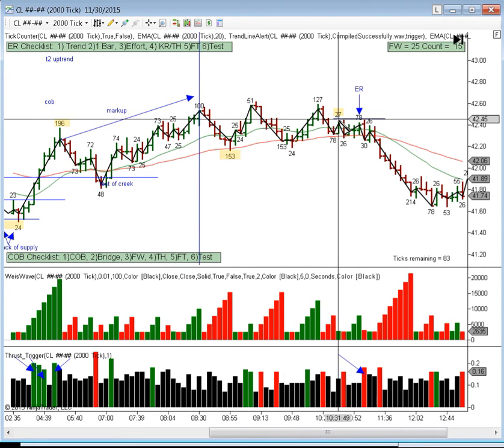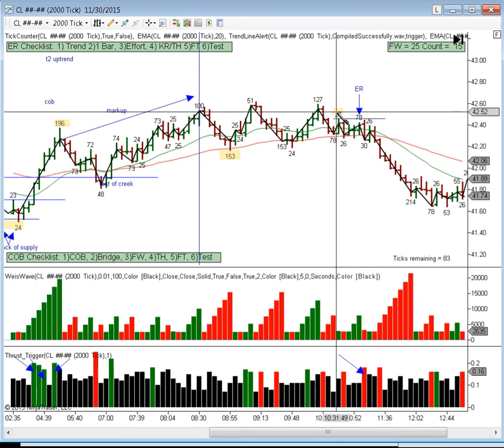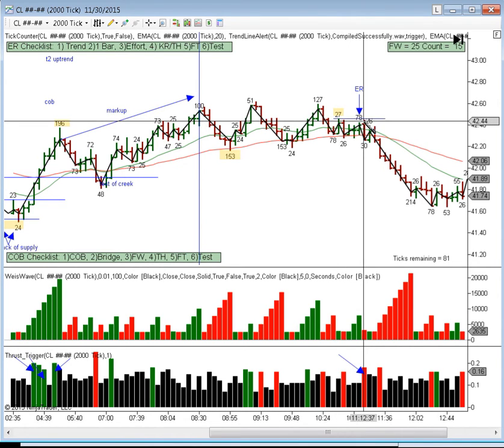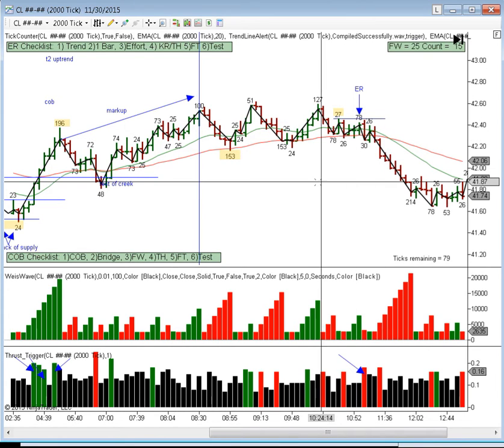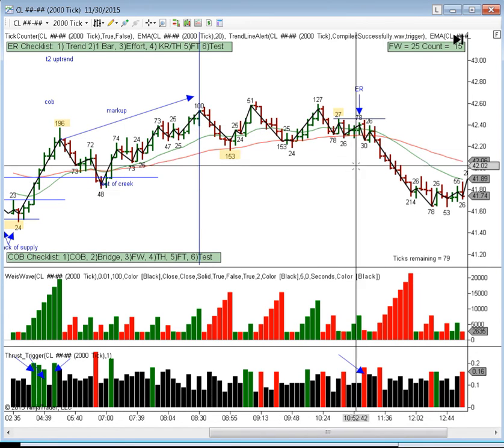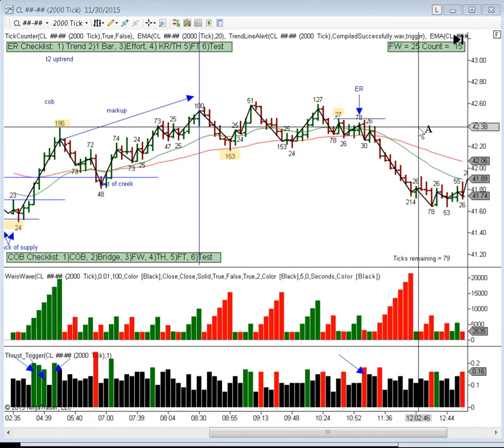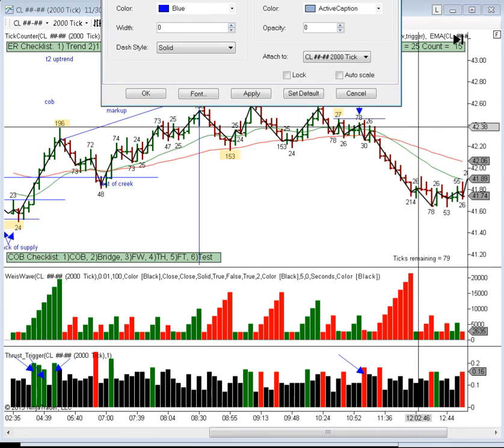So that means that that's the ideal place to put the stop, just above low volume. And the trigger here is the thrust. Okay, once that happens, you enter markdown phase.